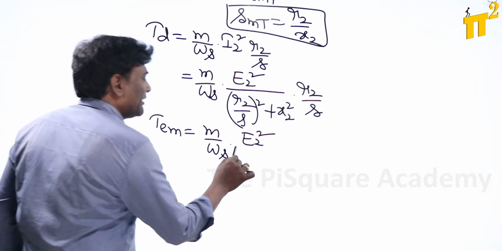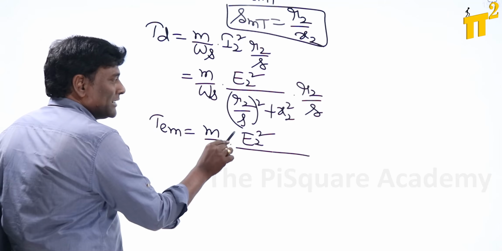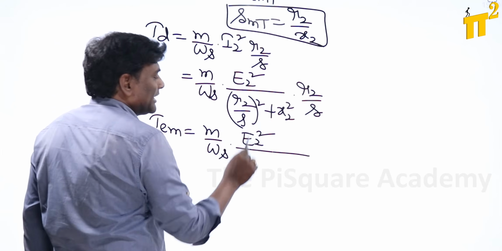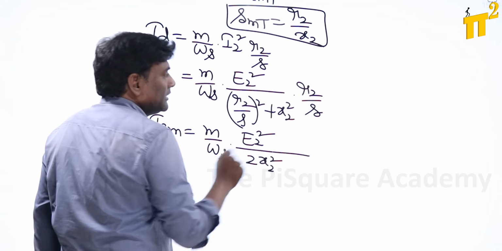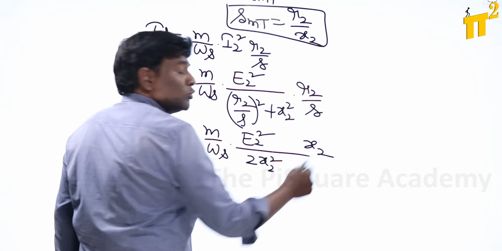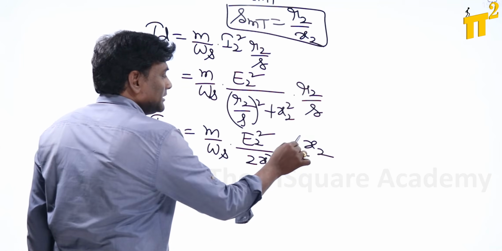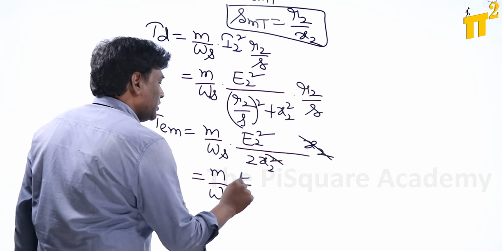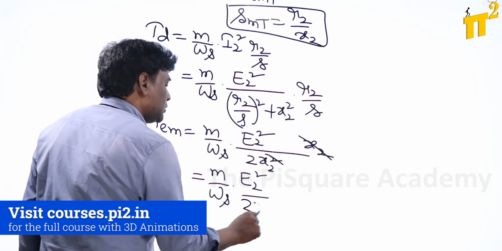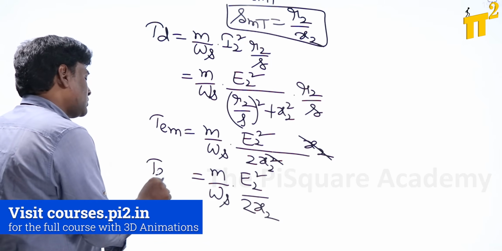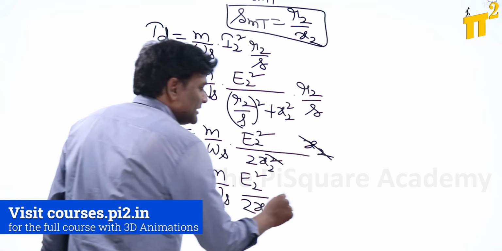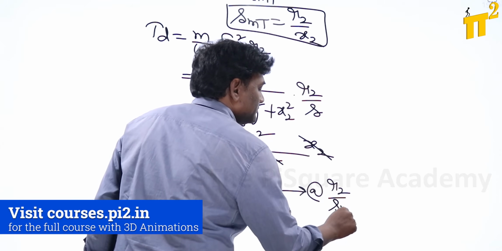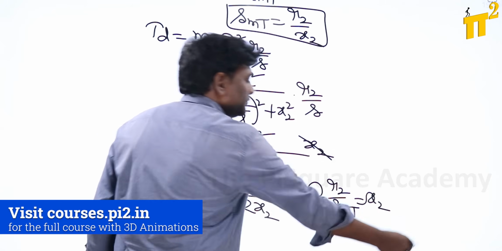So E2 square divided by R2 by SMT, the slip at which maximum torque occurs, is X2, so X2 square plus X2 square, 2X2 square. Such that m by omega s into E2 square by 2X2 is going to be the pull out torque or maximum torque, and this is going to occur at R2 by SMT equal to X2.